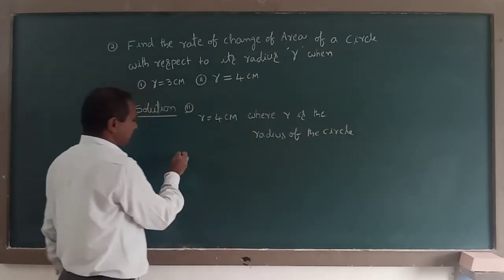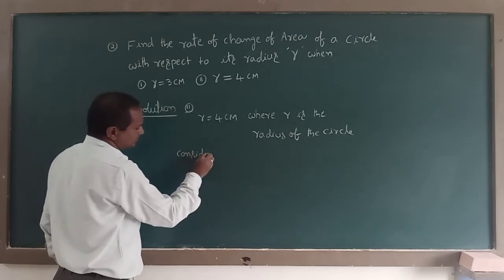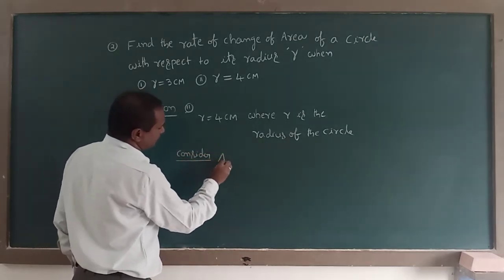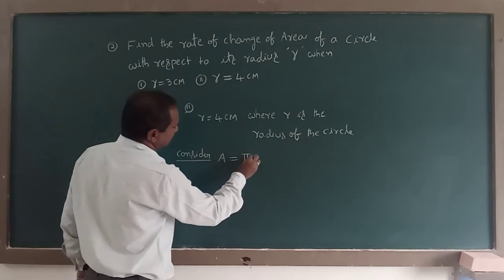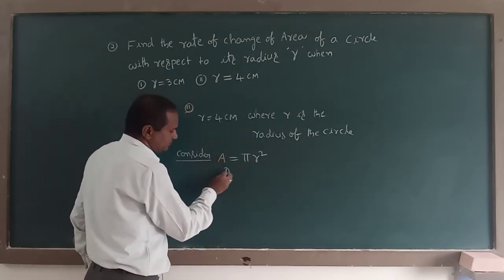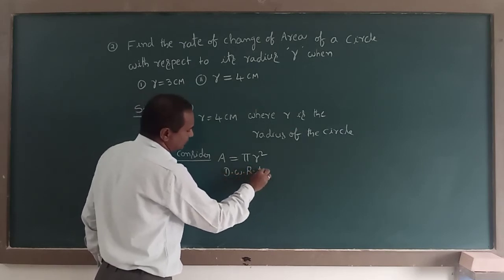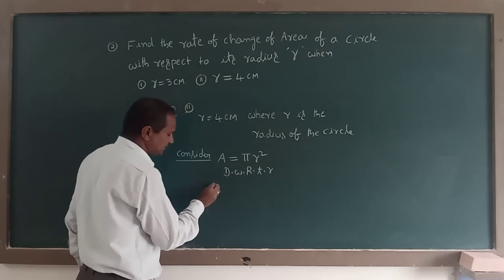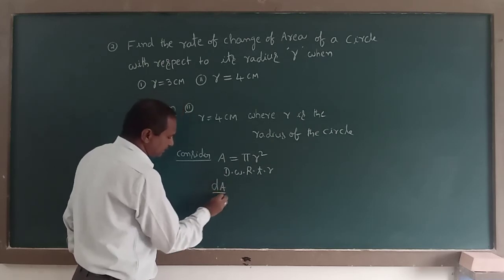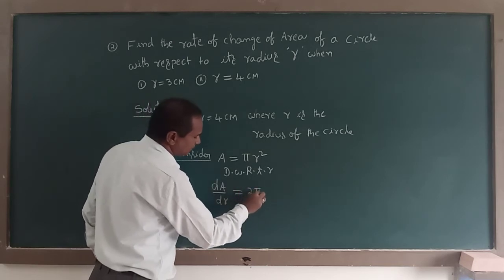Now consider A is equal to the formula pi r square. Now differentiation with respect to r, that is dA by dr is equal to 2 pi r.